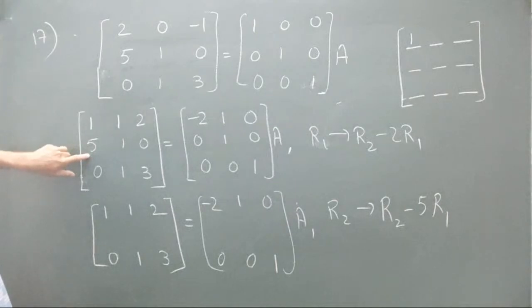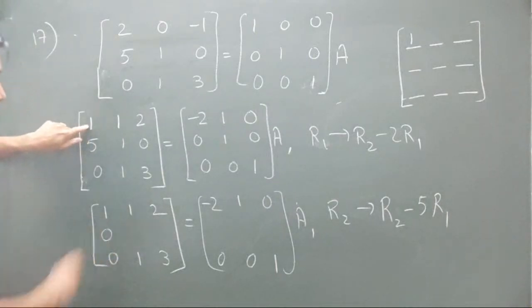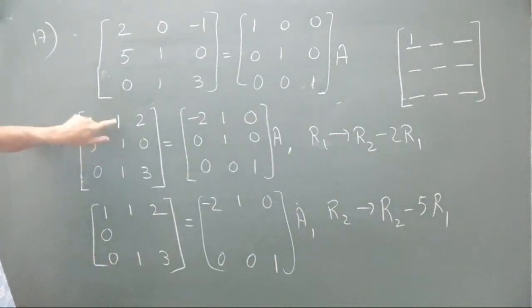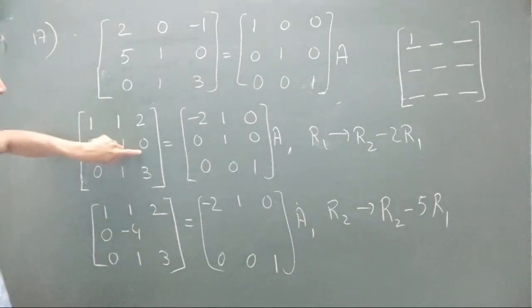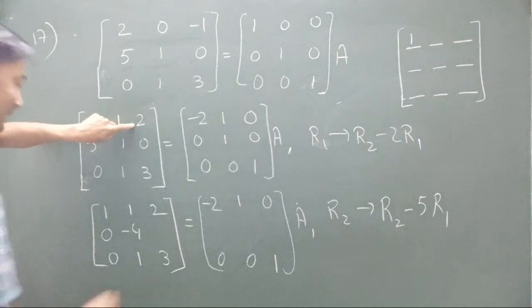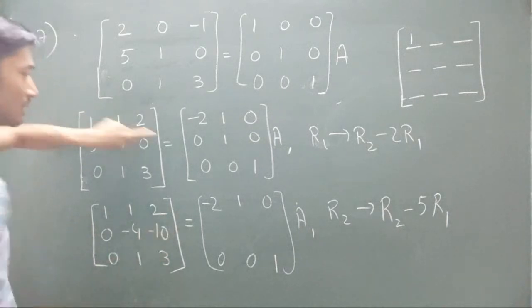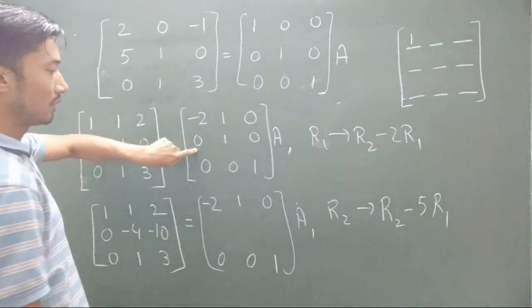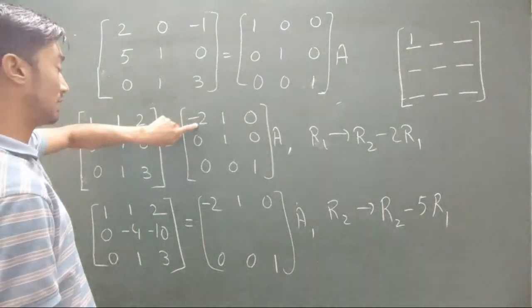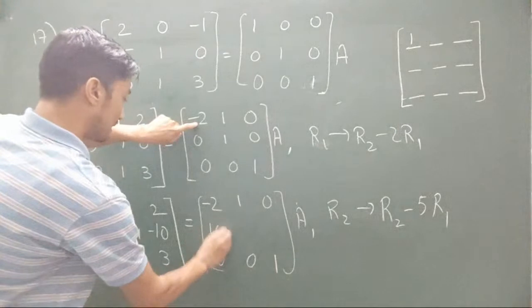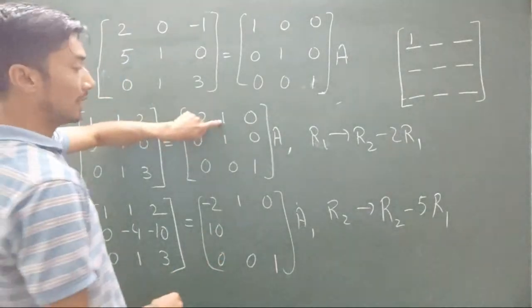So 5 minus 5, that's 0. 1 minus 5 ones are 5. So 1 minus 5, minus 4. 0 minus 5 twos are 10, minus 10. Next again, 0 minus 5 twos are 10, minus minus plus 10. So 0 plus 10, that's plus 10. 1 minus 5 ones are 5.